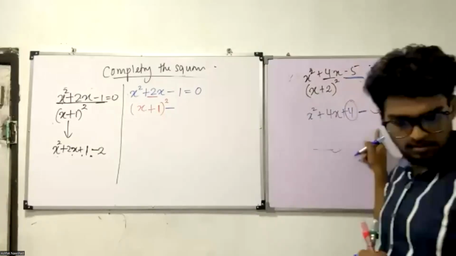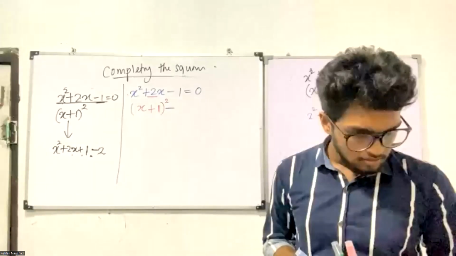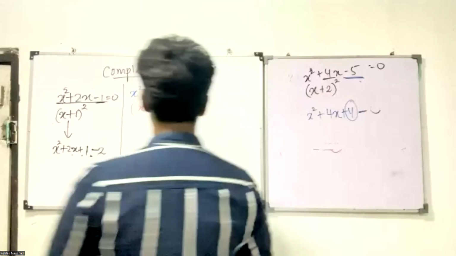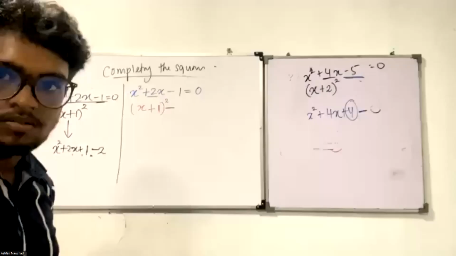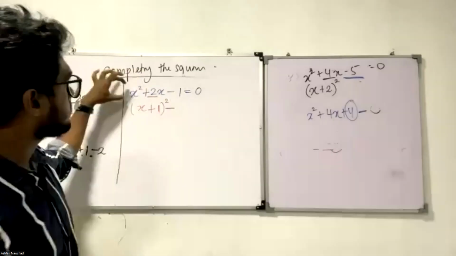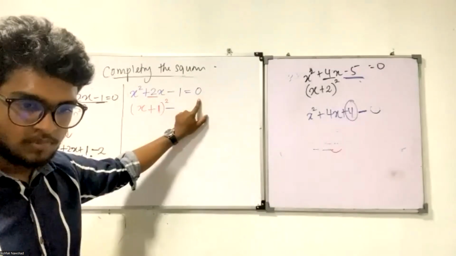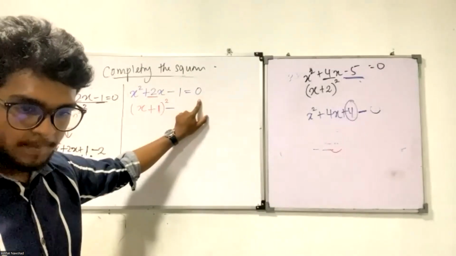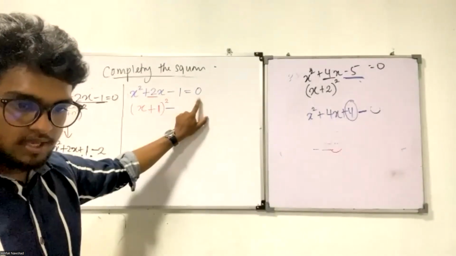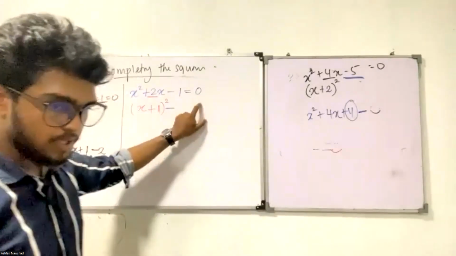What is it? If we transfer it to the other side, we don't need minus. But can we solve the equation like that? Can we solve a quadratic equation without making one side 0? We can't solve an equation without making one side 0.